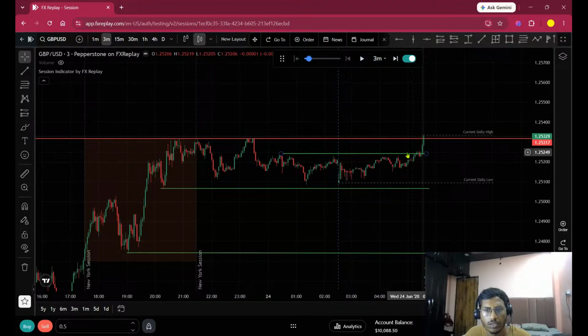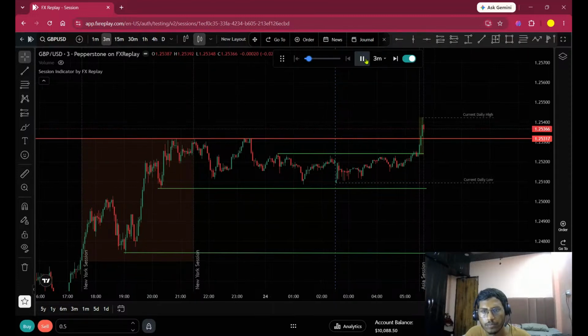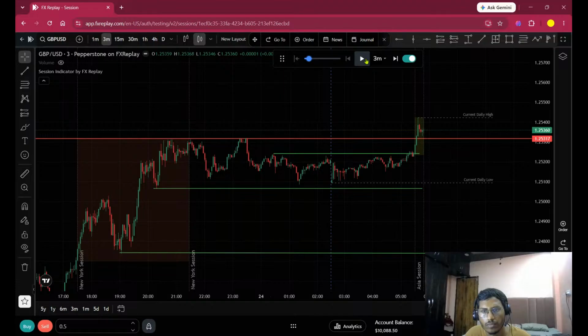Okay. Market has gone for the swing high. Seems like previous day high. Okay. Let's see whether it is sustaining there or not. If they sustain, then it will retrace from here. Then we may go for the buying. Okay.